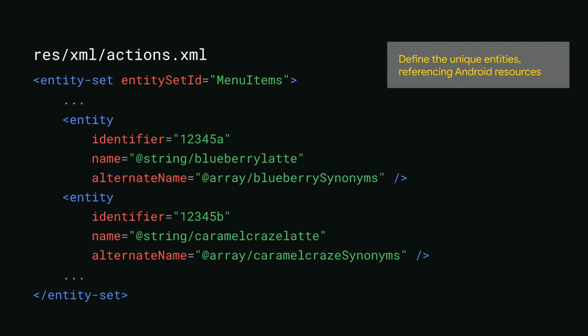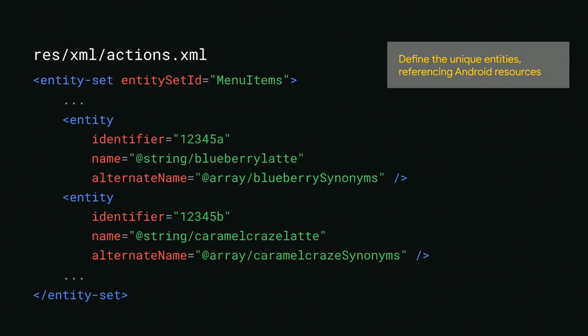There's an identifier, which is a unique ID that you give to that particular entity. There's a name, which is the canonical name for that entity. Here we've given it an Android string resource called blueberry latte. And then there's an optional alternate name attribute, which is an array of strings where you can define alternate names or synonyms for that particular entity. Here we've given it an Android resource, blueberry synonyms.